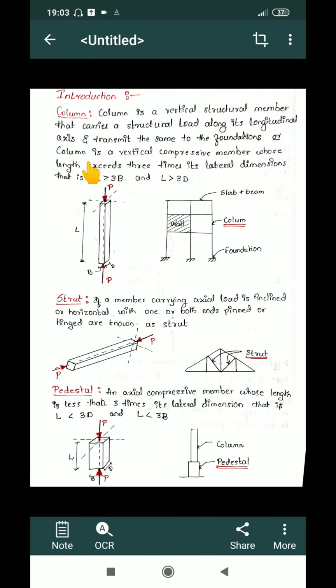Or a column is a vertical compression member whose length exceeds 3 times its least lateral dimension.